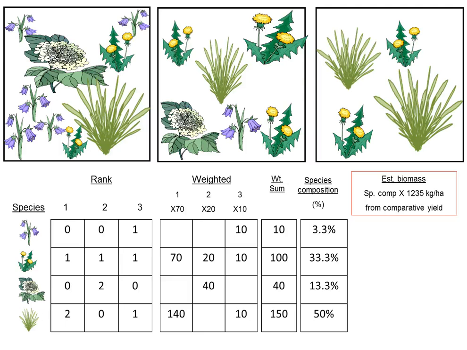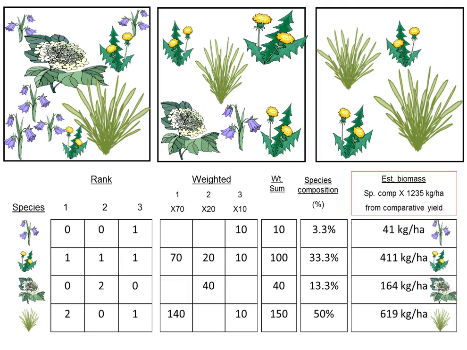So if we multiply that amount by the species composition, then that means that we had 41 kilograms per hectare of the purple flower, 411 kilograms per hectare of the yellow flower, etc. This is a very rapid way of being able to combine species composition data that we get from the dry weight rank with the total biomass estimate that we get from comparative yield.